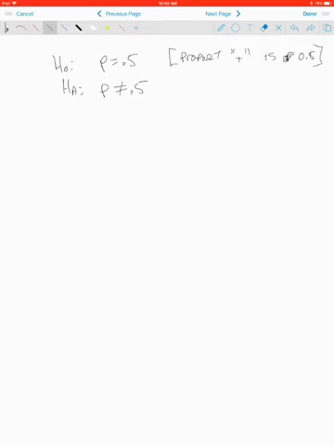And so now we're going to do a binomial test, right? So you're going to haul out your equation for the binomial distribution. If you can remember back to that, what we want to know is the probability of getting 2 out of 8, 1 out of 8, or 0 out of 8 negative signs, if indeed it's true that p equals 0.5.